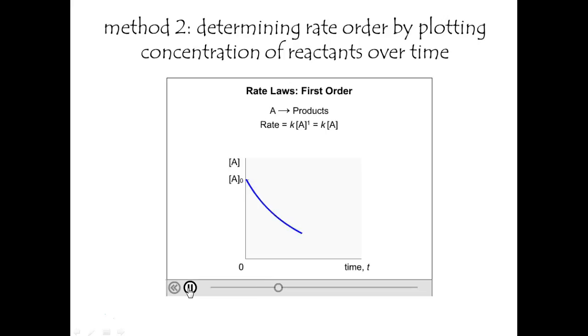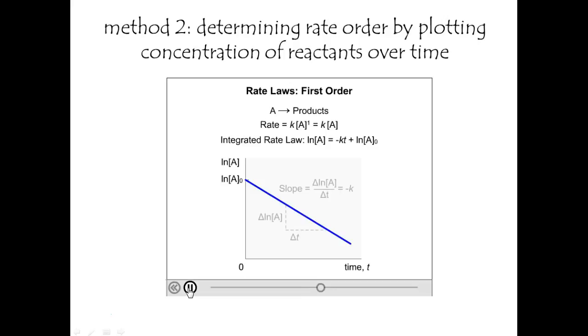In a first-order reaction, the concentration does not decrease in a straight-line fashion as time progresses. The graph of concentration versus time is a curve. If the concentration data is graphed as the natural log of the concentration versus time, the result is a straight line. The rate constant, K, can be determined from the slope of the line.